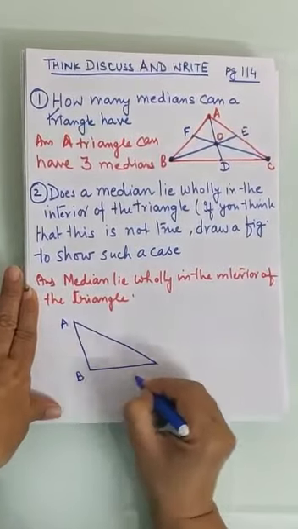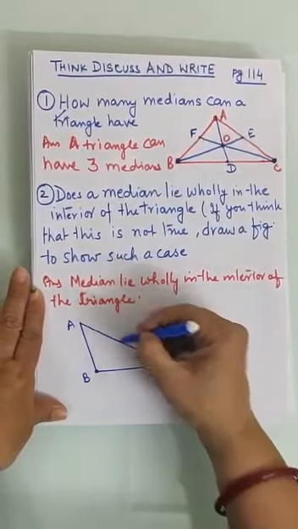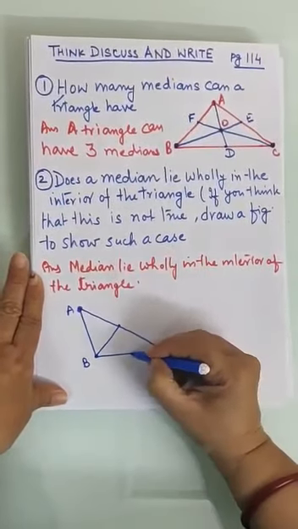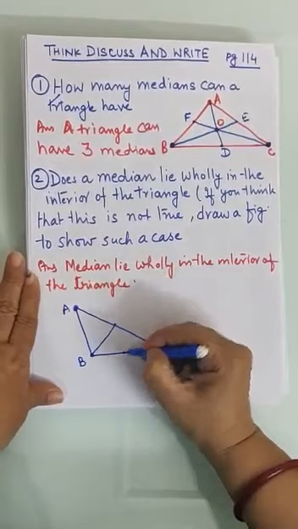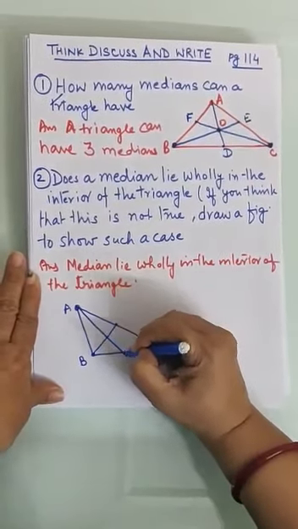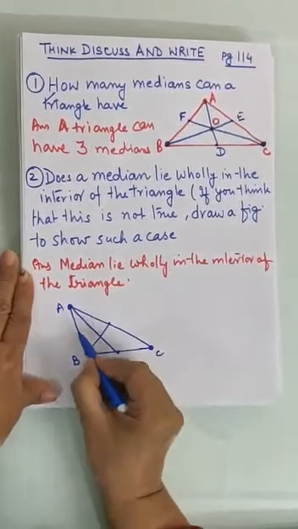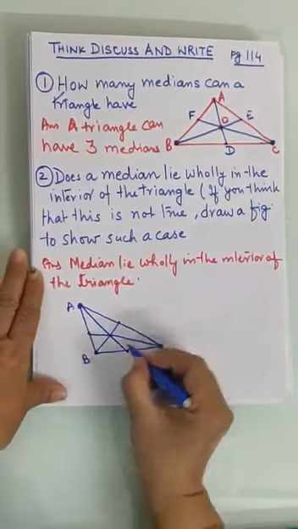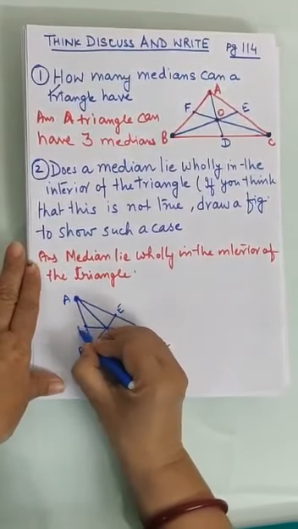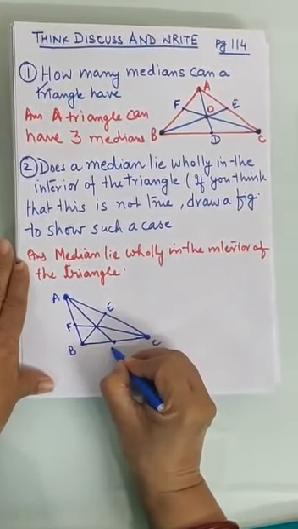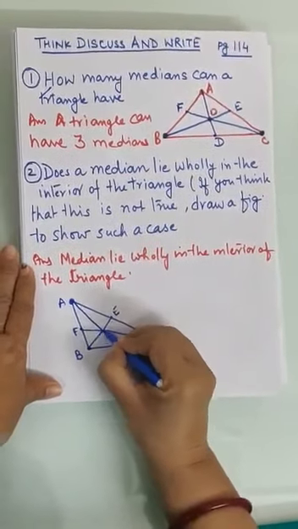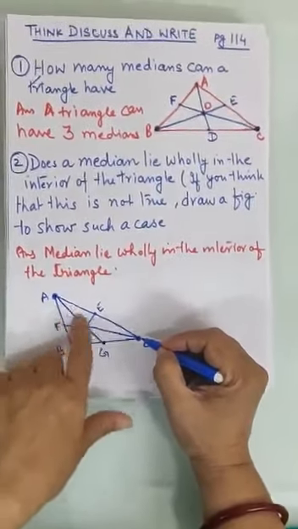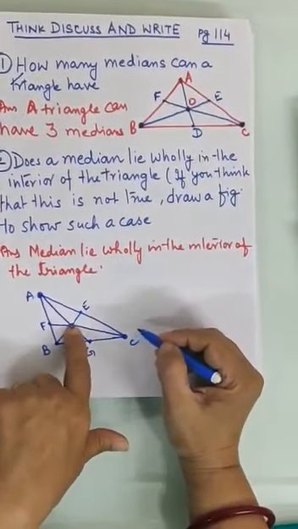Mark it A, B, C. Vertex B, midpoint of AC is somewhere here. Join it. Vertex A, midpoint of BC is somewhere here. Join it. Then vertex C, midpoint of AB is somewhere here. Join it. So what do you observe? That all the three medians, they lie in the interior and the centroid also lies in the interior.